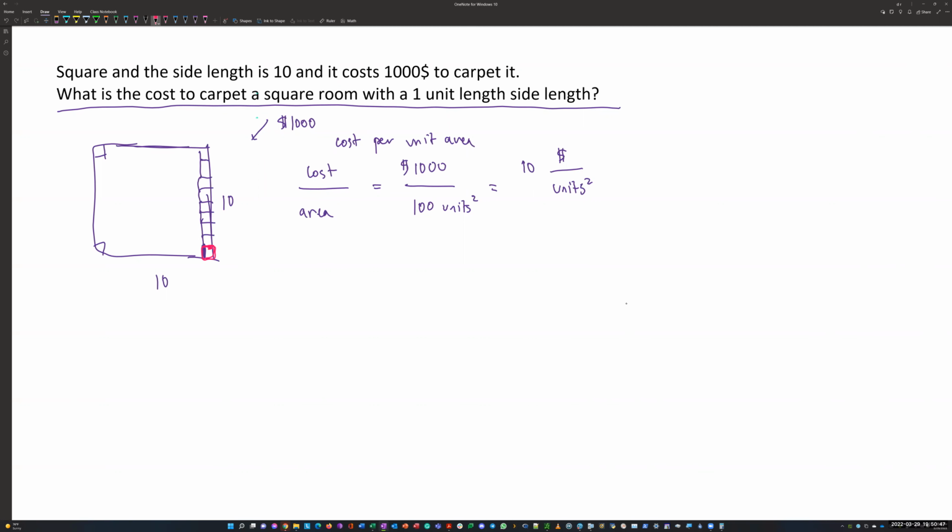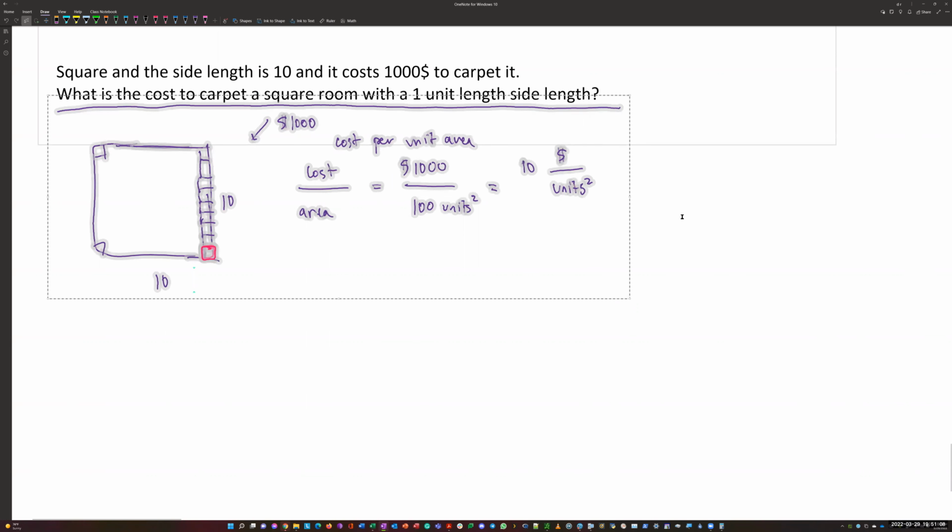Okay, I don't know what 1 unit length is anyway. What does that mean? That's the length of 1 unit. It's not defined. It's either 1 foot or 1 centimeter. Whatever the unit is, I just didn't mention it. You want to say it's meters, then whatever. 1 meter length.